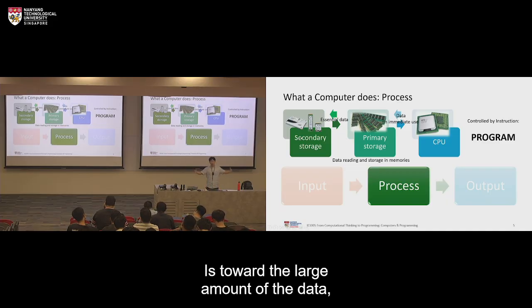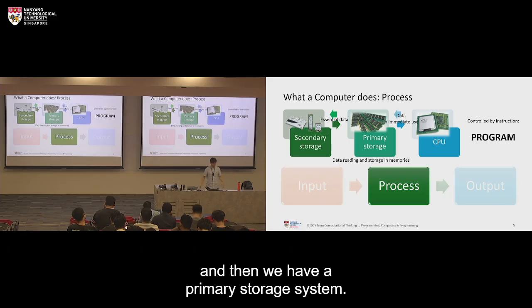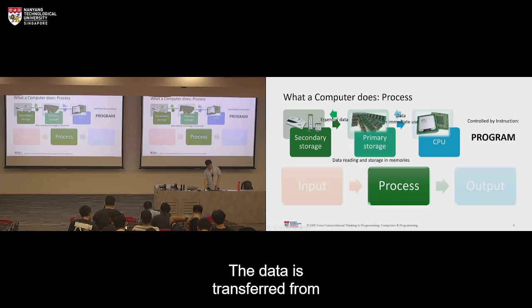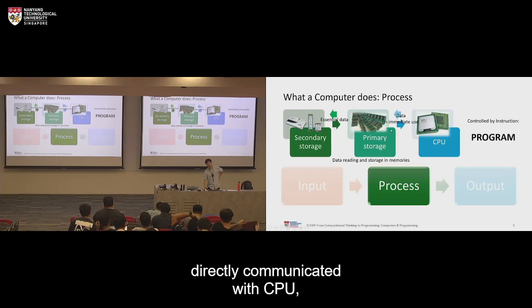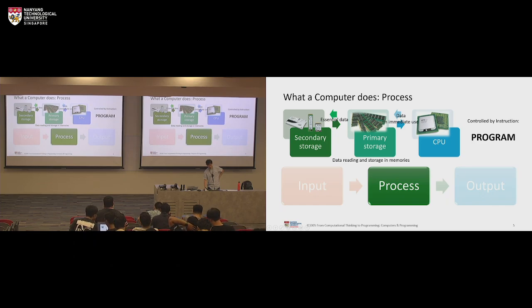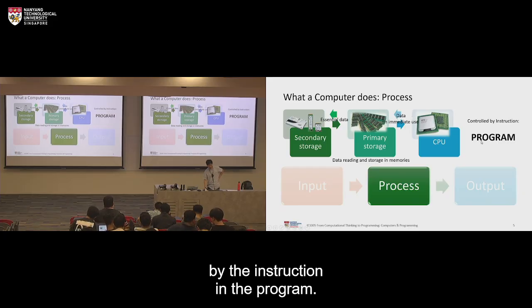It stores a large amount of data, and then we have a primary storage system. The data is transferred from secondary to primary storage. And then this primary storage directly communicates with the CPU. And these are controlled by the instructions in the program.